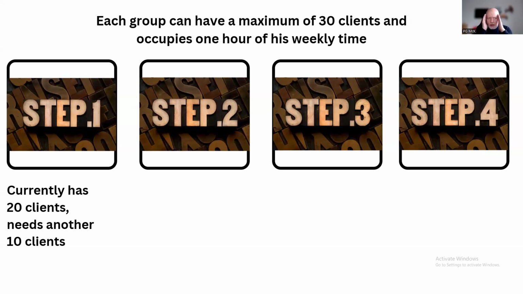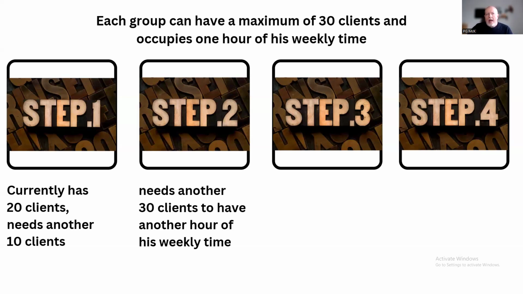So the first port of call will be how to get this wonderful fitness coach with this specialization in Taekwondo, spelled correctly, Paul, to the 30 client mark. Okay, so another 10. And then step number 2, he needs another 30 clients, which will occupy another hour of his weekly time.